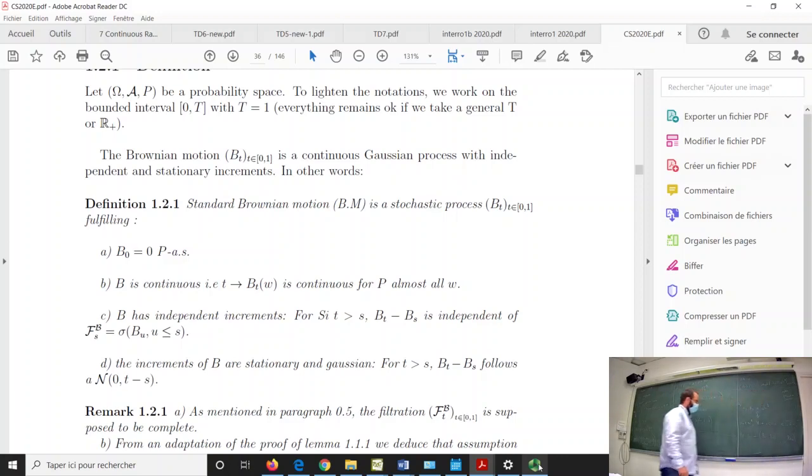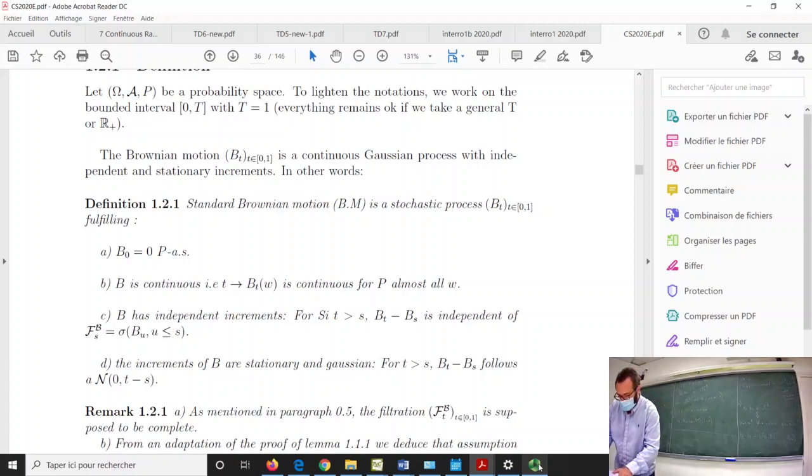Okay? It's equivalent. To prove that Bt minus Bs is independent of Fs just means that Bt minus Bs is independent of all these kinds of vectors of any size, with any times being in the interval [0, s]. So this is the meaning of this.